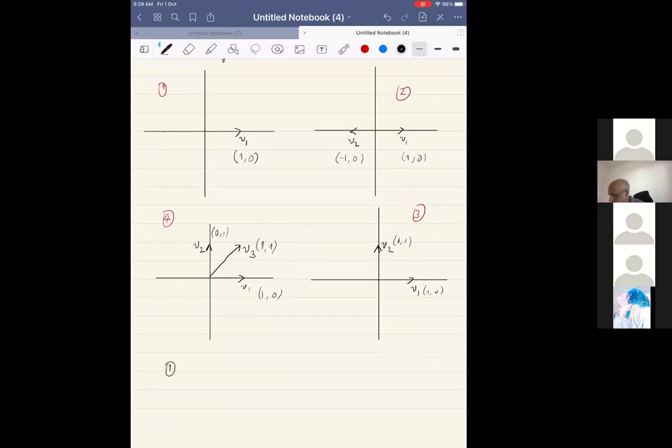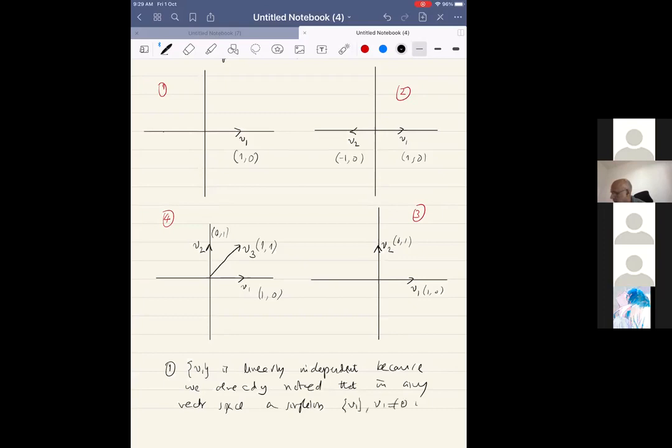One, V1 is linearly independent because we already noted that in any vector space, a singleton V1, non-zero, is linearly independent. Okay, so this is a special case.